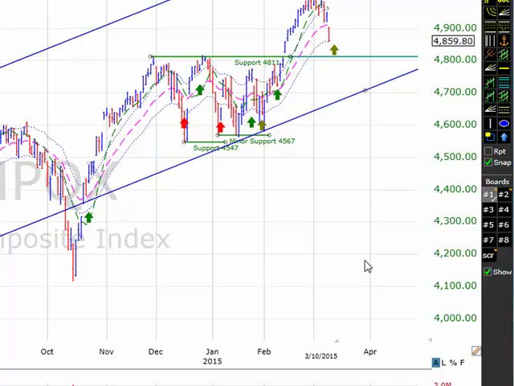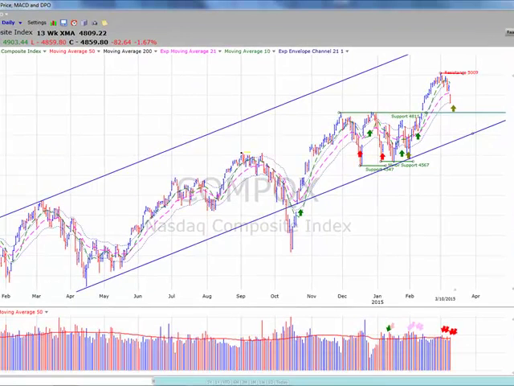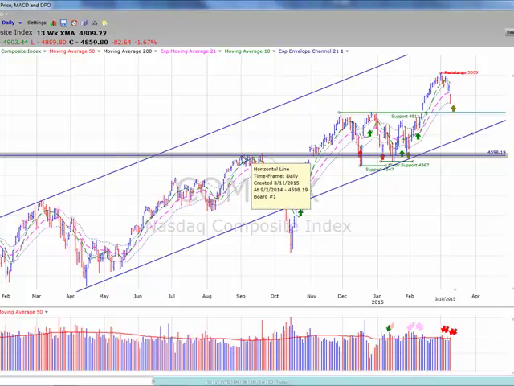I want to point out on the past few peaks that we've seen in the NASDAQ composite how the NASDAQ has reacted after that peak. If you notice, back in September of last year, we made a high.